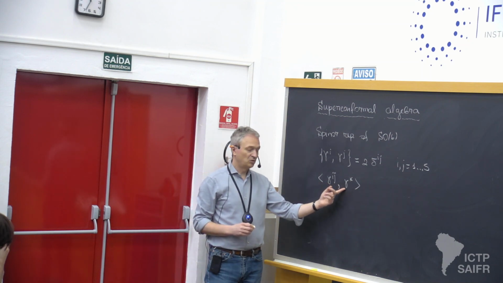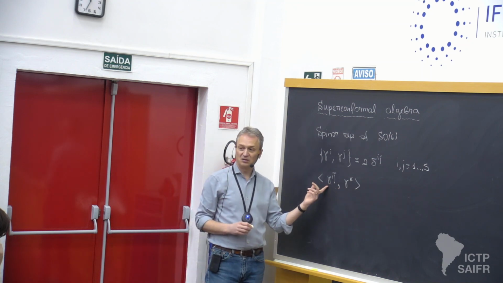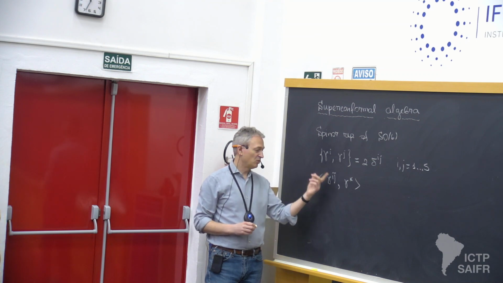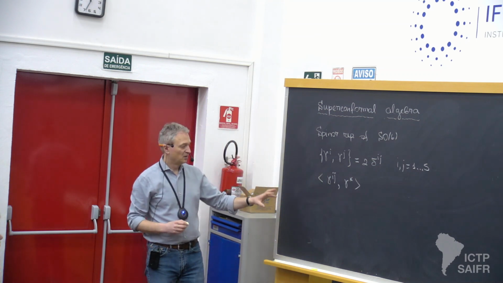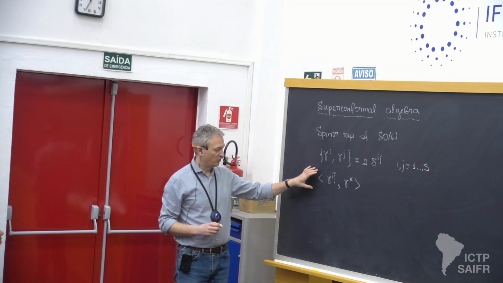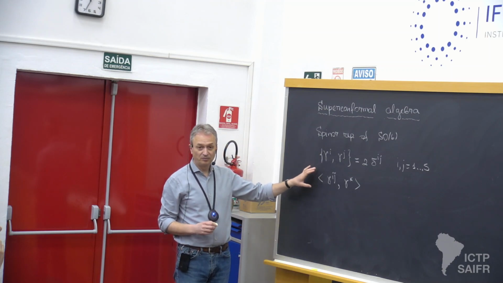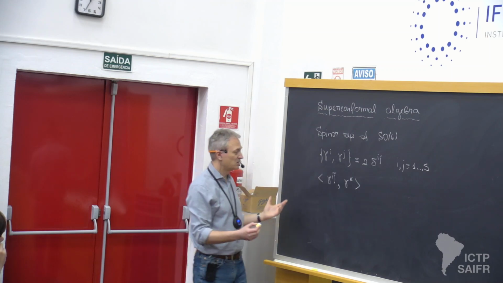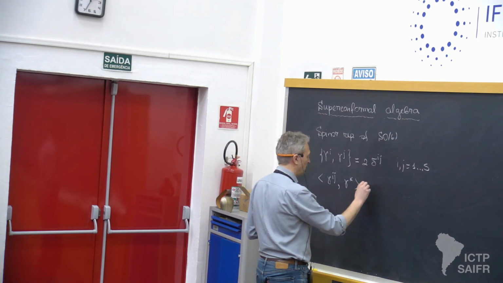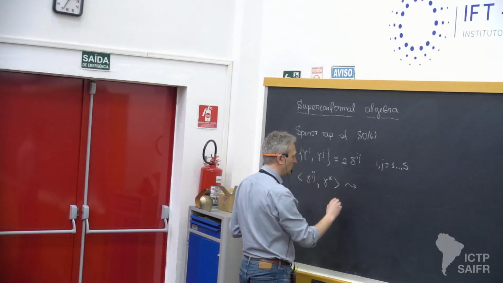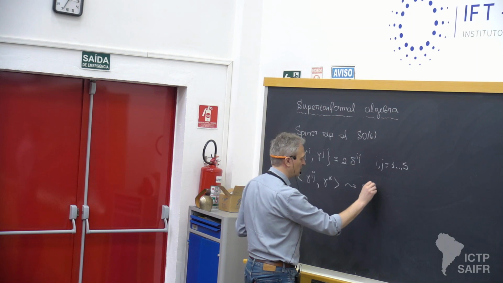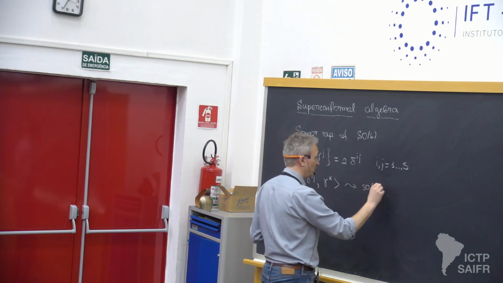If you commute two gamma matrices, you get gamma ij, and they also form a closed algebra. So this set of 4-dimensional matrices forms a Lie algebra, and it is easy to convince oneself that this is nothing but SO6.